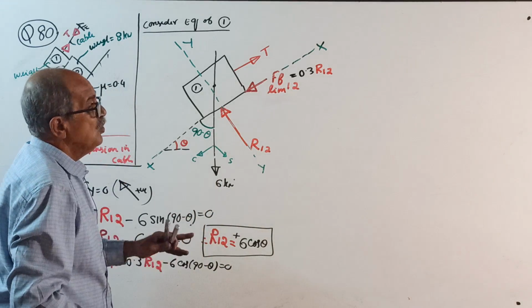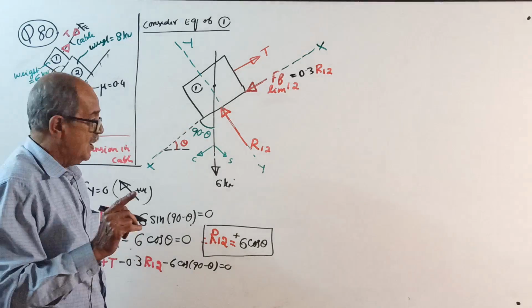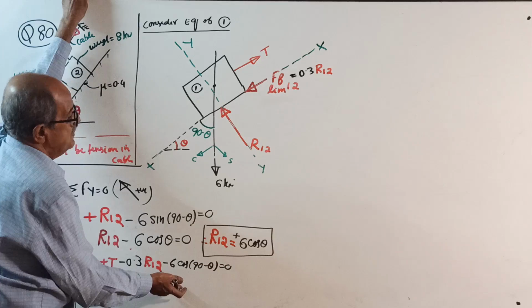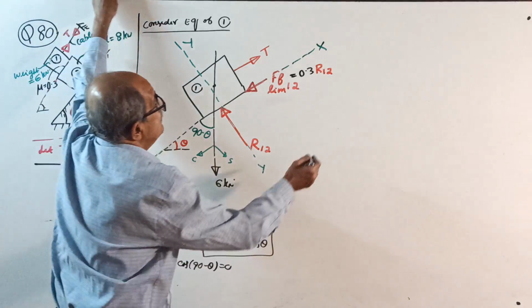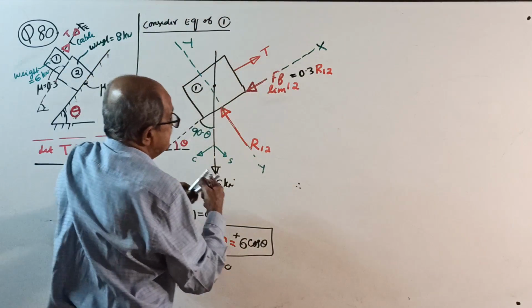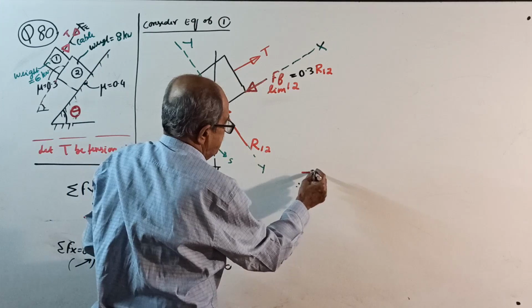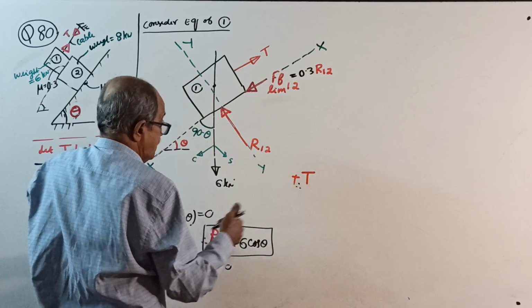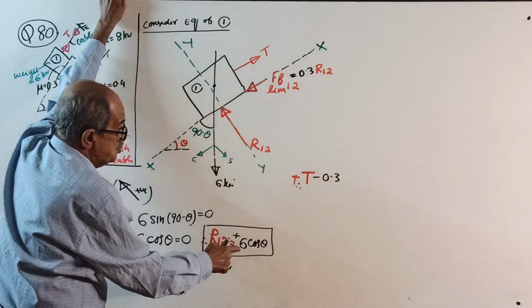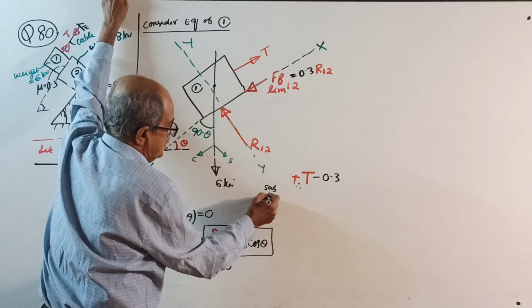This I am solving only in case they ask you what is the tension. There is a space problem, so don't look at this side now. Therefore, we get plus T minus 0.3 into R12, substitute for R12.